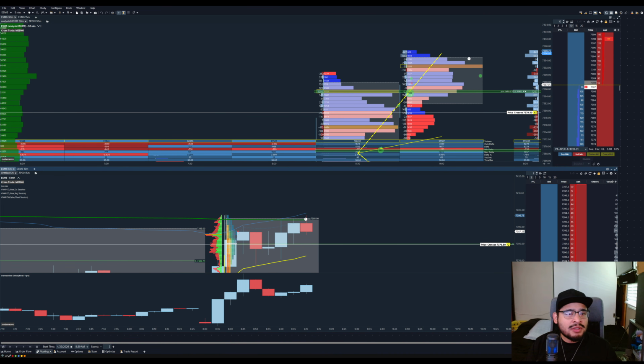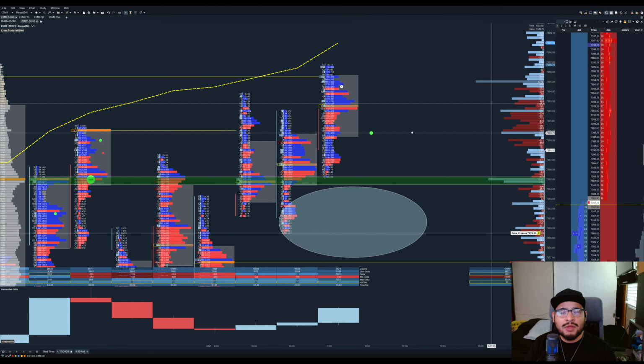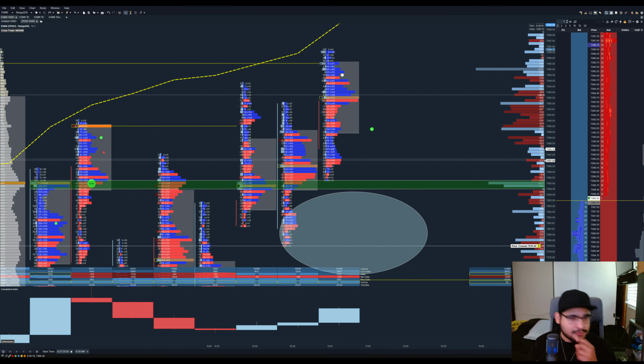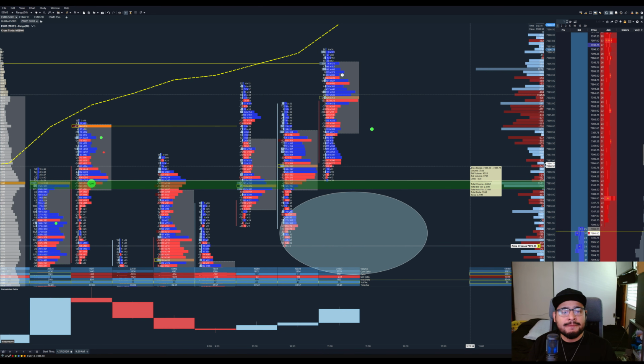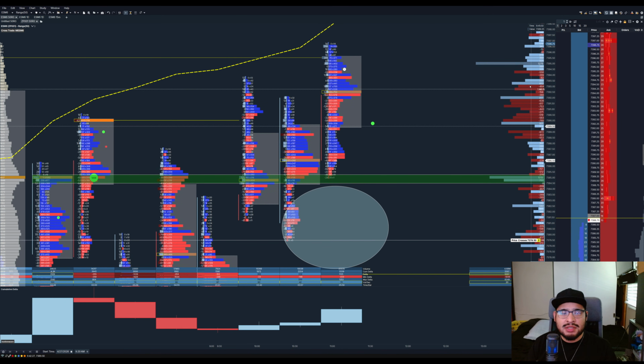Let me go back to the range chart here. So this is the range chart. I marked out the areas of high delta. This is a 50-point range. So we'll see if we tap these.